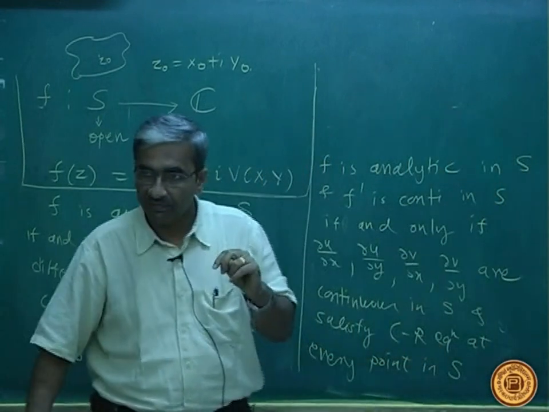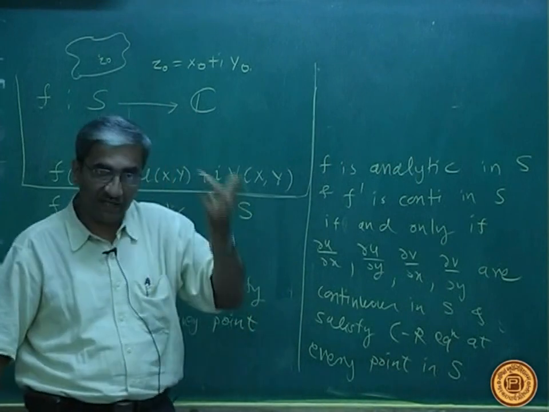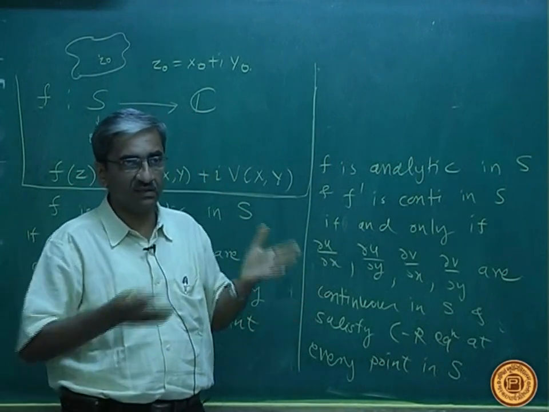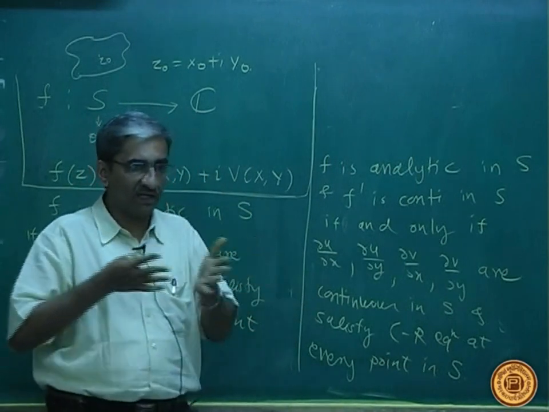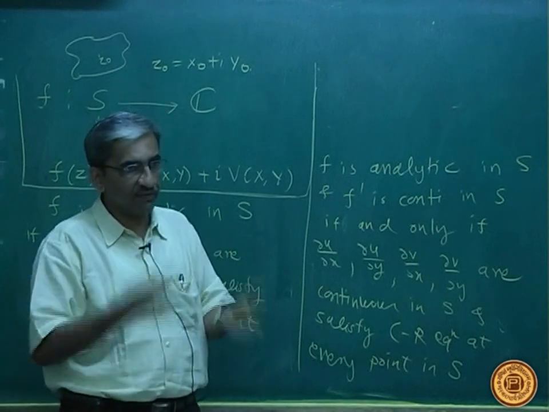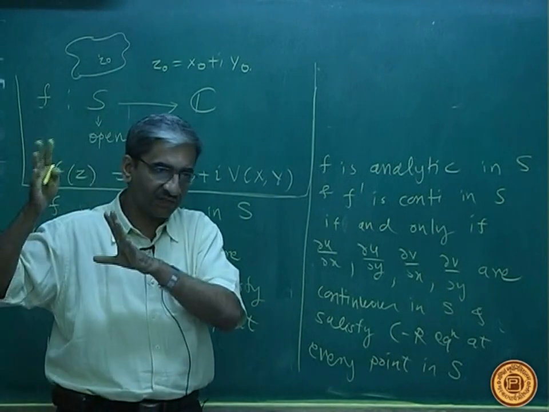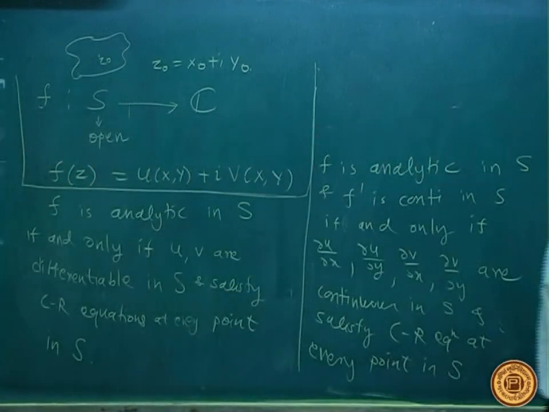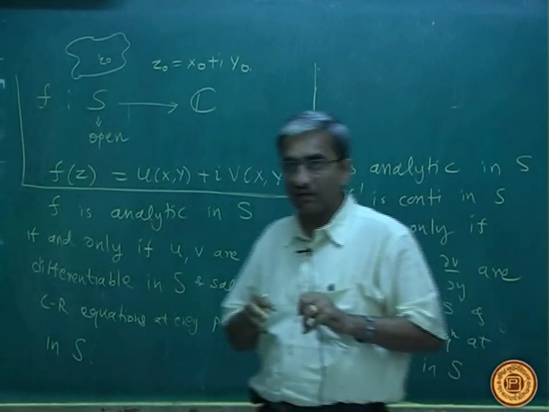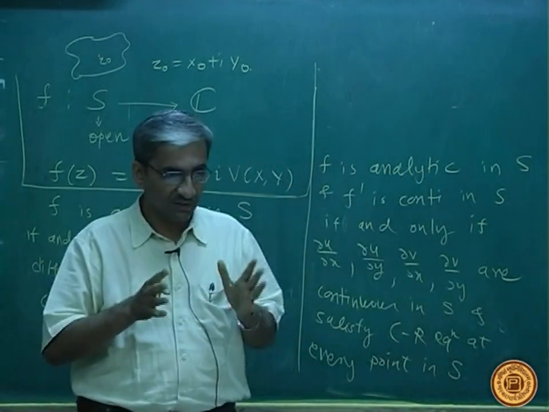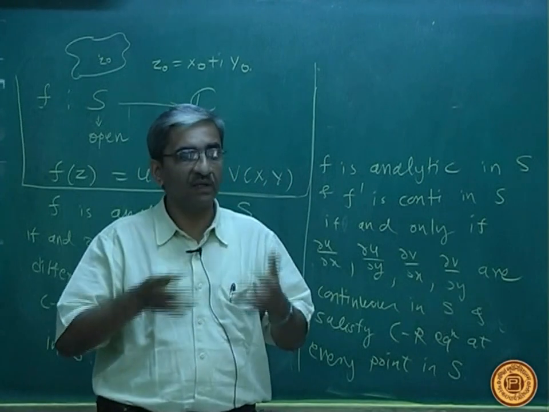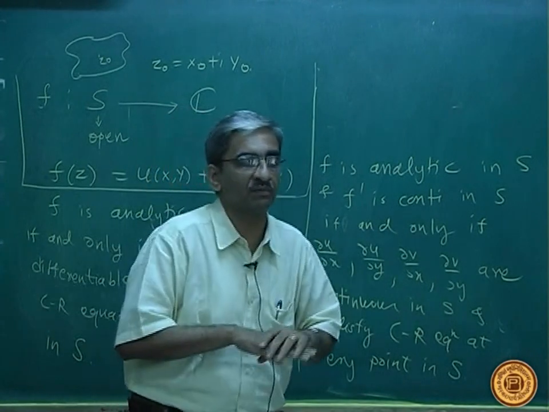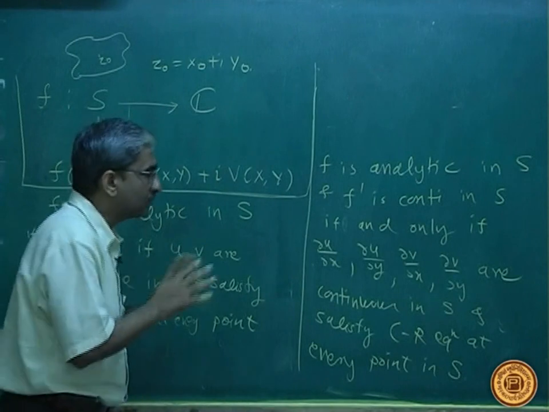And f double dash will exist, f double dash will be analytic by the same argument. Once analyticity of f implies analyticity of f dash, analyticity of f dash will imply analyticity of f double dash, and then f will be infinitely differentiable. So an analytic function on an open set will automatically become infinitely differentiable. But that will follow after we do some theory.